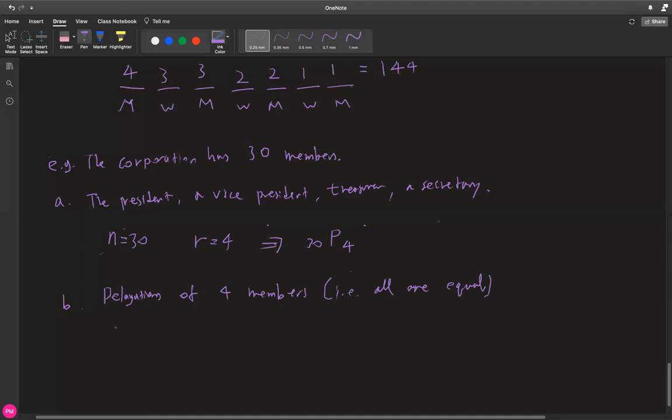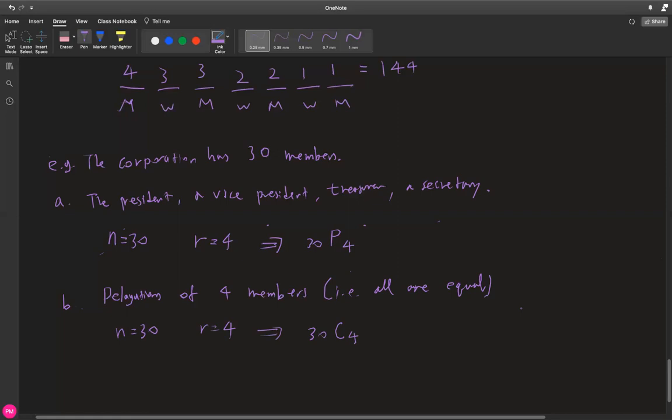And in this case, we have the same number of choices, and you're choosing the same number of people. And simply because there is no ordering and there's no designation, it's simply the same as 30 combination 4.